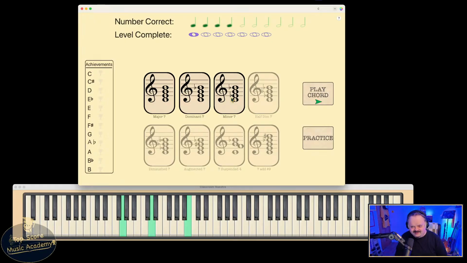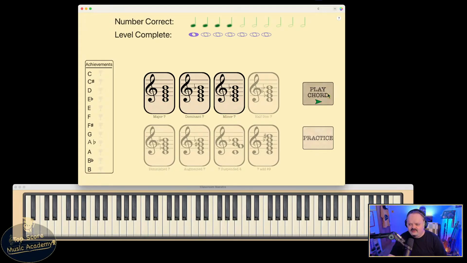So a blues feel for the dominant 7th, and for the minor 7th, a lot more of a funky, jazzy sound.